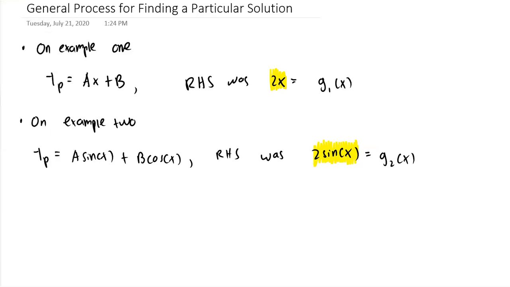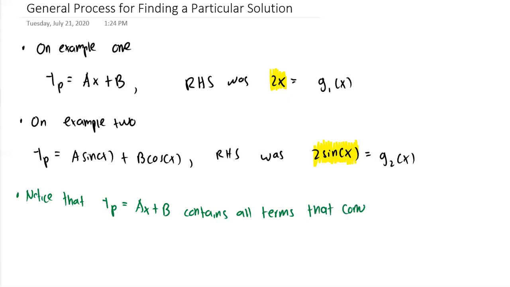So now let me write as I say what I'm going to say. So notice that y sub p equal to ax plus b contains all possible terms that come from derivatives of g1, including the zero derivative.